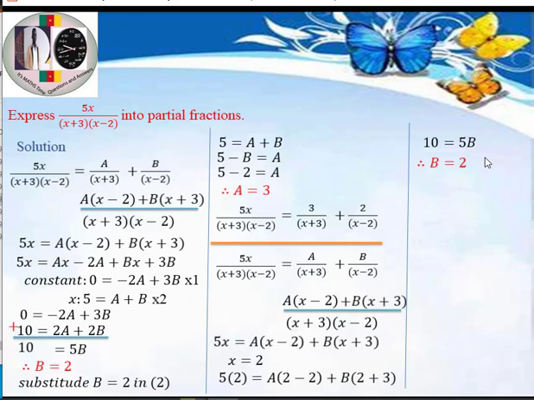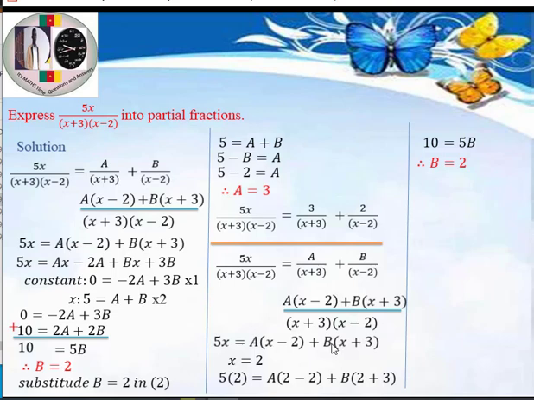And again, for the section containing b, we need to eliminate b. So we can look for a value of x that if we substitute there, b will become 0, and that value of x should be minus 3, so that minus 3 plus 3 will be 0, and 0 times b is 0, so b is gone.